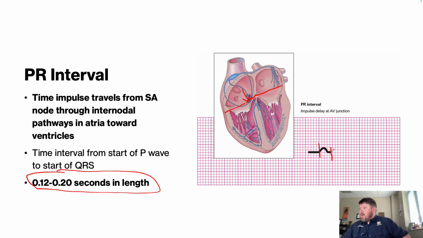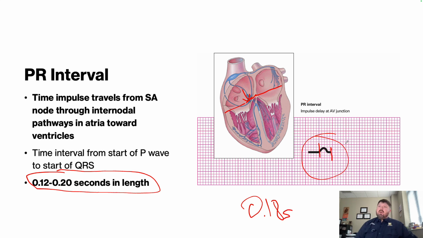So for instance, this starts about on a solid line here, and we go about 4 small boxes, so that's going to give me 0.16, and then it ends in about the halfway point of another small box, so we'll add another 0.02 seconds. So you will end up having a PR for this one of 0.18 seconds.